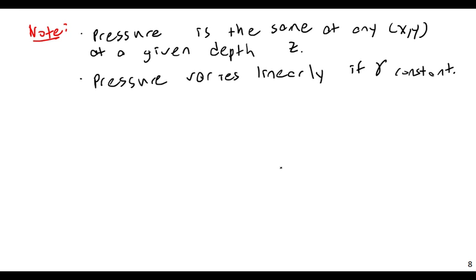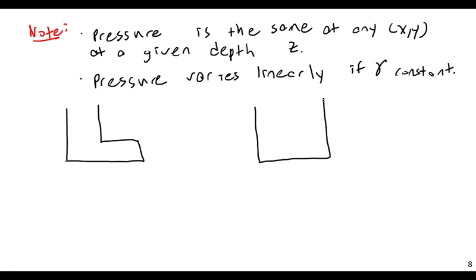Okay, so let's compare two different kinds of tanks, say, fish tanks. Say I have one tank that's kind of L or boot-shaped, and one that is a simple rectangle. I'm going to look at how their pressures vary.